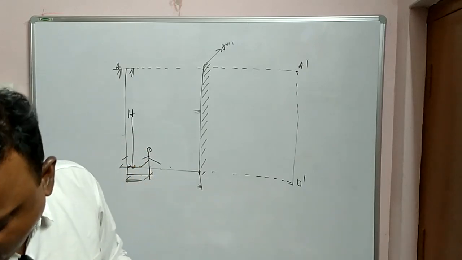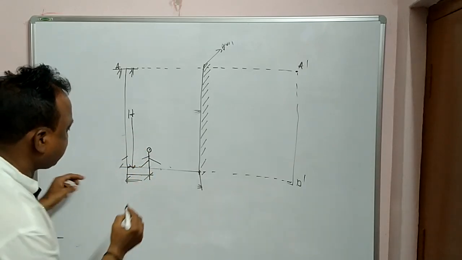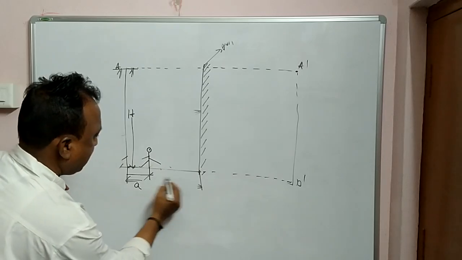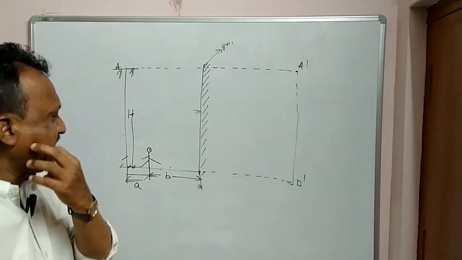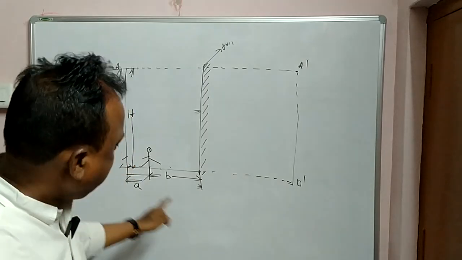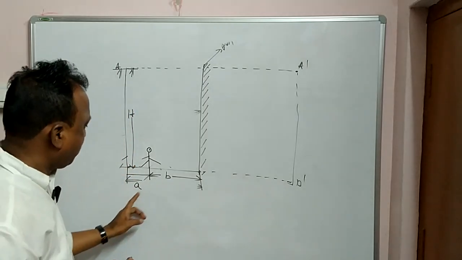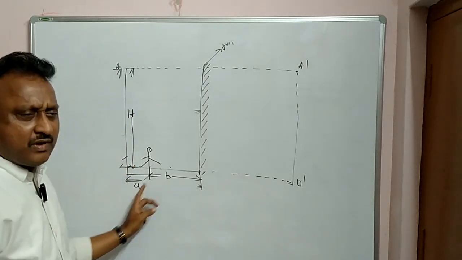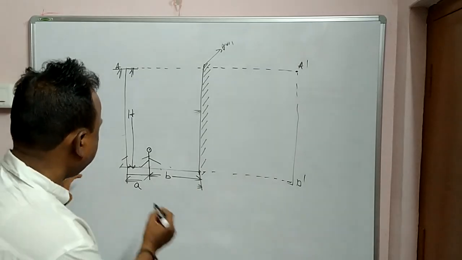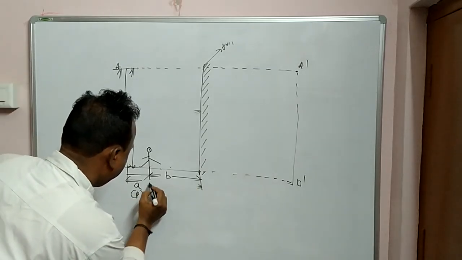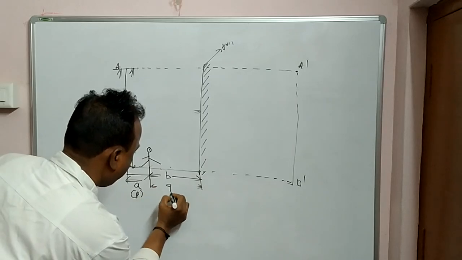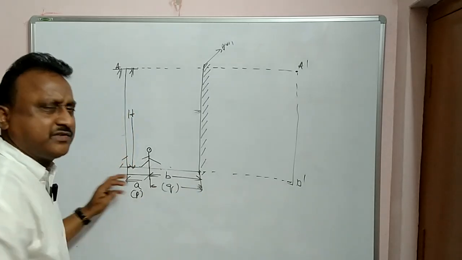Let the boy be standing at a distance a and at a distance b from the mirror. You can change these; it is up to you. You can take AB or BA, PQ, MN, any values.